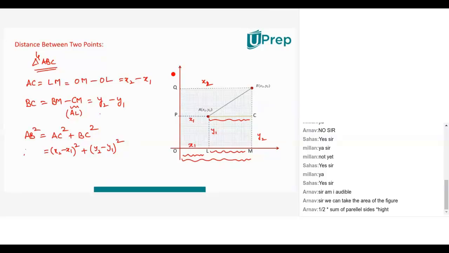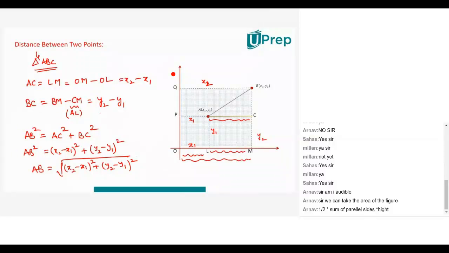What is my length AB? Finally, under root of X2 minus X1 whole square plus Y2 minus Y1 whole square, under root.